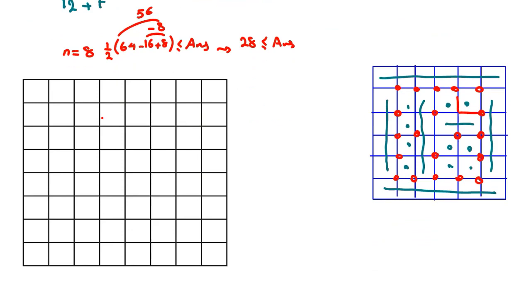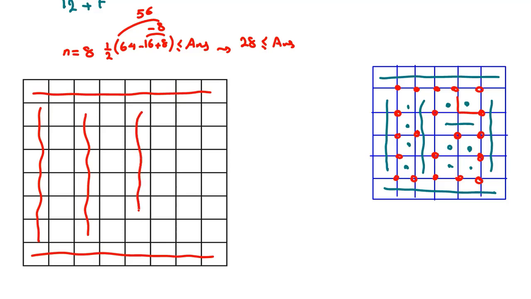So let's see, can we find an example? Let's see, can we generalize it? So we select this one, this one, this one, this one, this one, and here, instead of here, we select this and we select this one. Okay, then we select this one and like this.